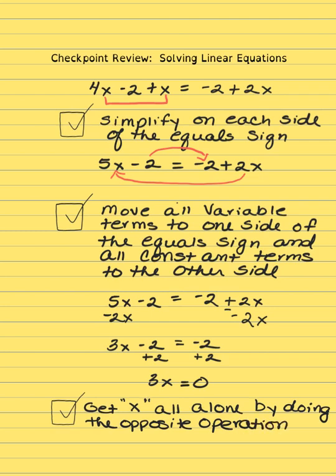In this particular equation, we still have a coefficient of 3 that is bothering our x. That 3 is attached to the x by multiplication. So to undo multiplication, we are going to divide both sides of the equation by 3. And when we do that, we find that x is equal to 0.